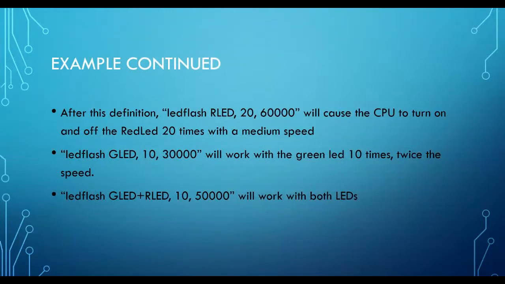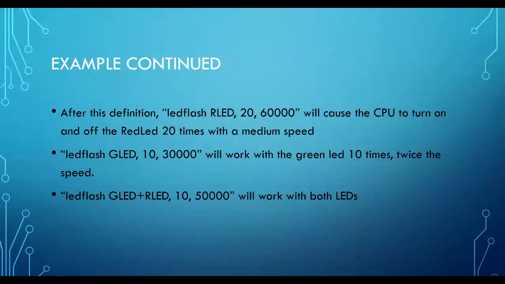So in this definition, RLED 6000 will cause the CPU to turn on and off the LED 20 times. So it will repeat 20 times. Similarly, this will give you the LED 10 times, so it will delay for 10 times, twice the speed.